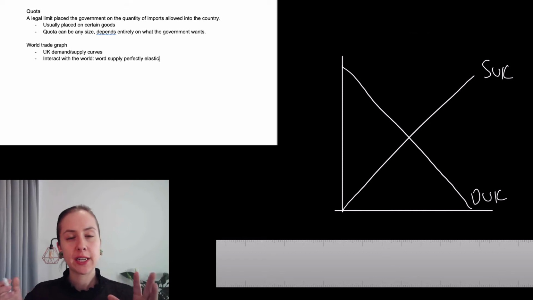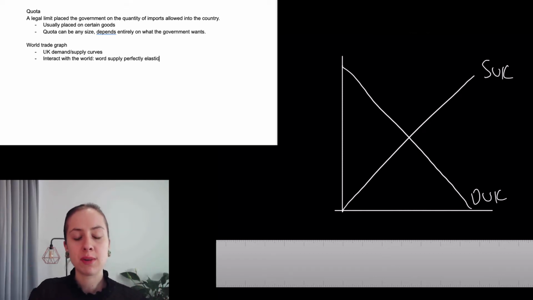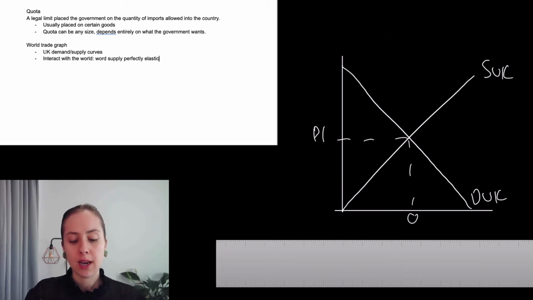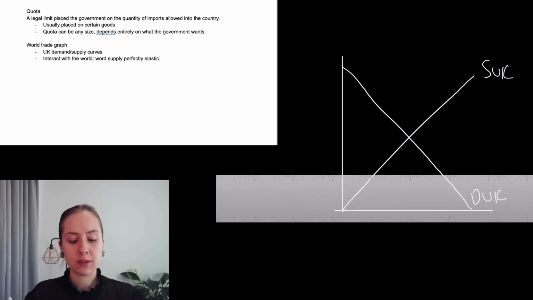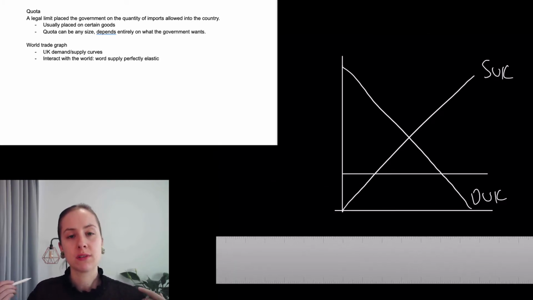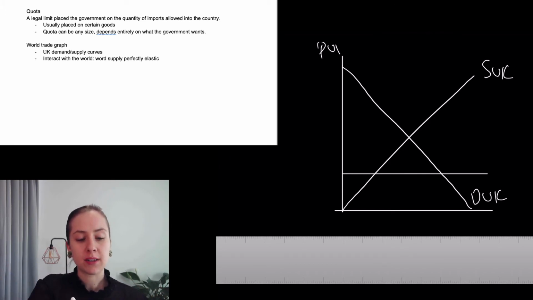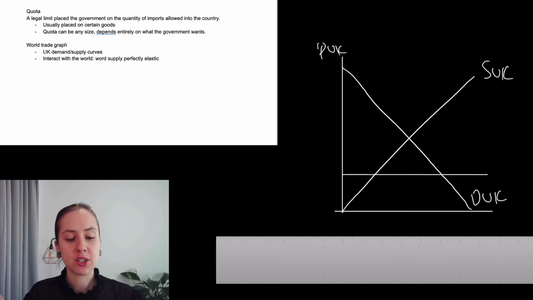If the UK traded in a closed economy, it didn't face the competition with the world, it would just have created P1 and Q1. But unfortunately, that doesn't really happen because the UK now trades with the world. When it trades with the world, the world is usually in general a more efficient producer. There's hundreds of countries competing to be able to supply something, and generally they can supply it cheaper.